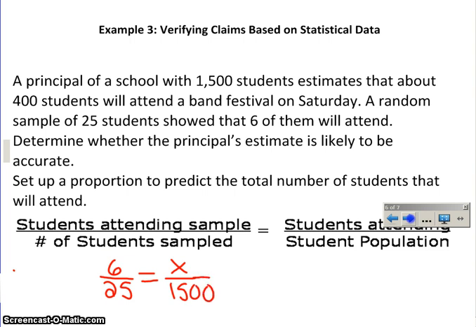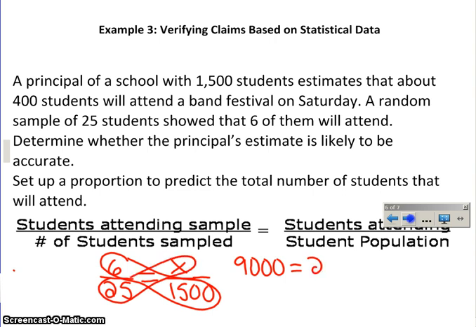Hopefully this looks kind of familiar to you. We've done a lot of proportions. We're going to cross multiply. So we take 6 times 1,500, and that should be 9,000. And then we take 25 times x, so that equals 25x. We divide each side by 25, and we get 360 equals x.